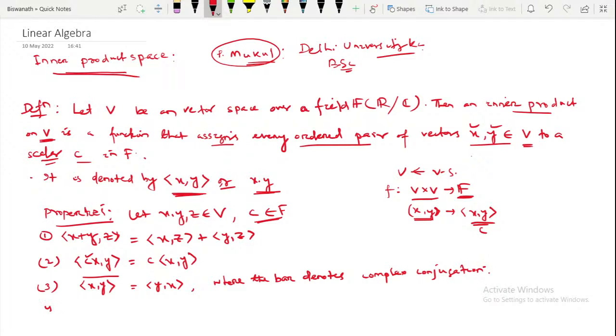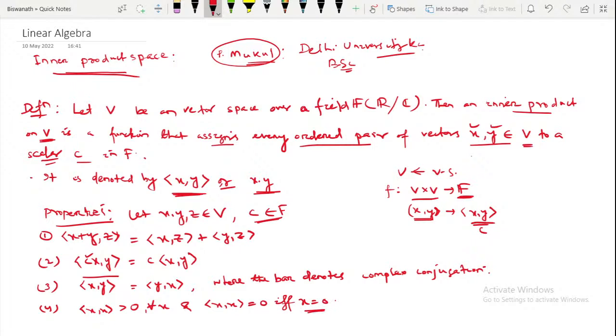Then the last property: the inner product of a vector with itself is always greater than or equal to 0 for all x, and this inner product is equal to 0 if and only if x is equal to 0.